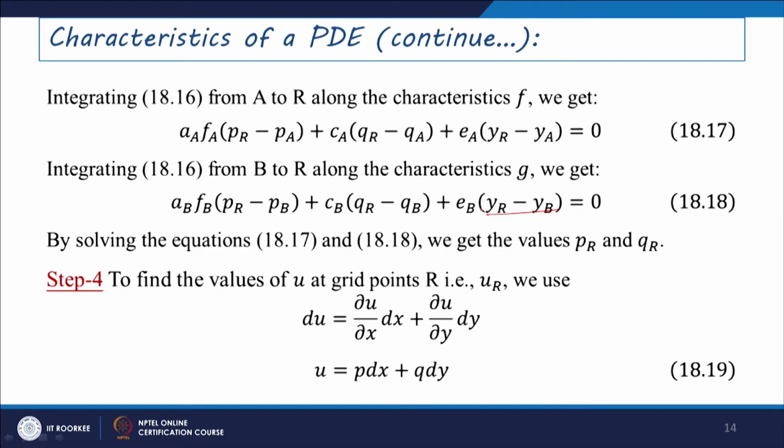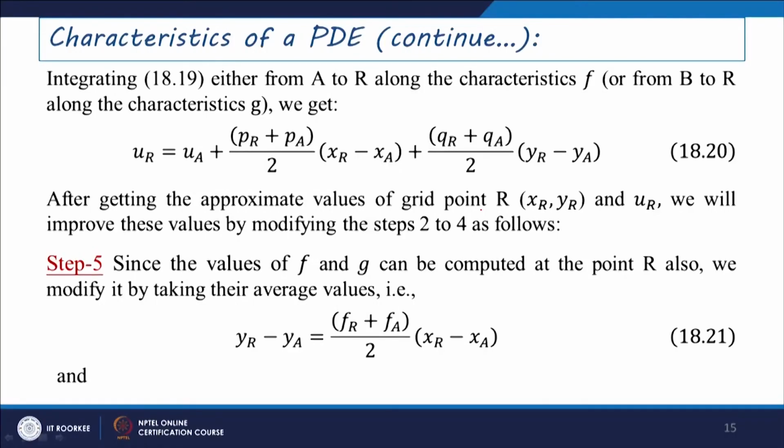To find the value of u at the grid point R, that is ur, we can use this formula: du equals del u by del x into dx plus del u by del y into dy, where u is nothing but p dx plus q dy. If we integrate this equation from A to R along the characteristics curve F, or from B to R along the characteristics curve G, we get ur equals ua plus (pr plus pa) by 2 into (xr minus xa), that is the distance from point A to R in the x direction.